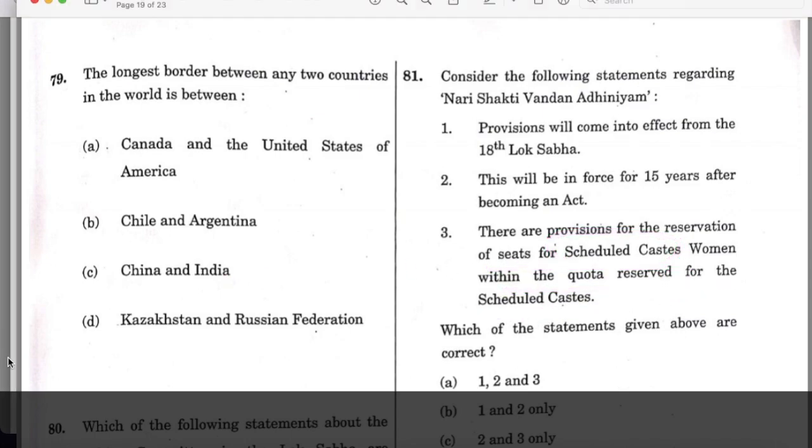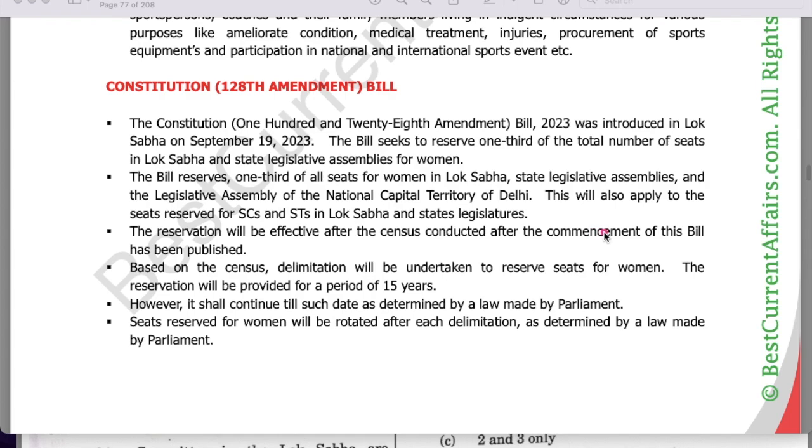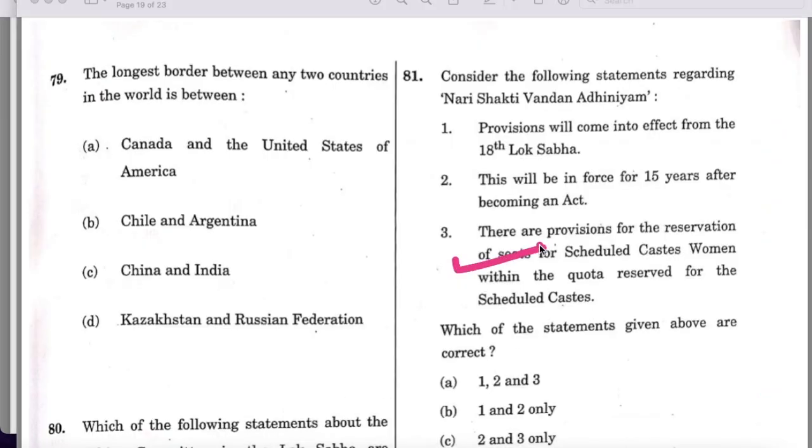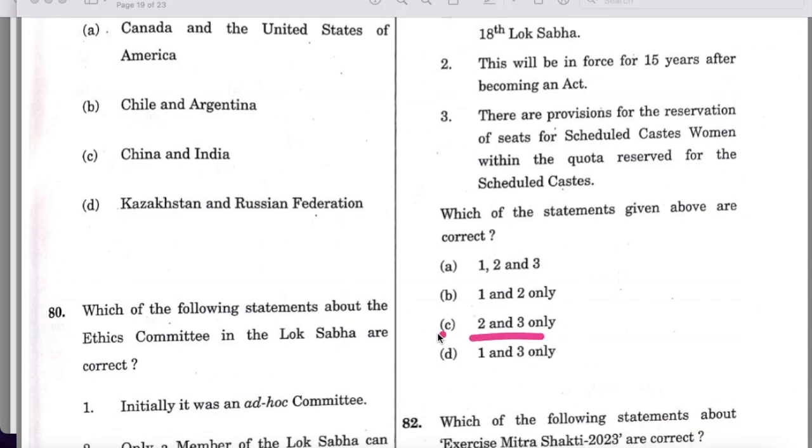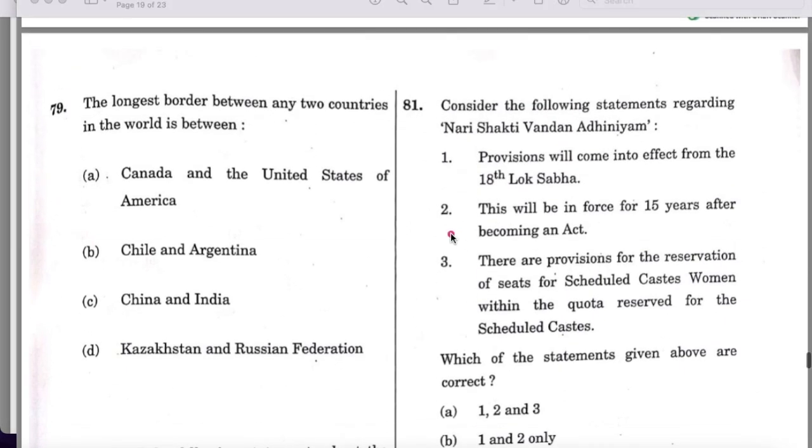This statement is also correct. In the same news it is mentioned that the bill reserves one-third of all the seats for women in Lok Sabha. This will also apply to the seats reserved for SC and ST in Lok Sabha and state legislatures. So the third statement is also correct, the second is also correct, the first is wrong. Therefore 2 and 3 are correct. Therefore C is the answer and this question is solved.